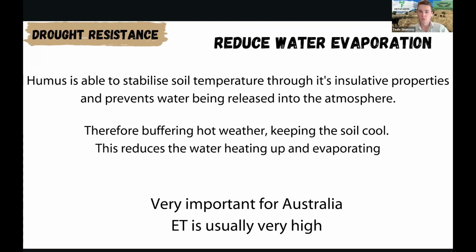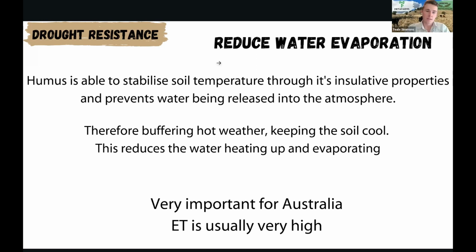So this reduces water heating up and evaporating. This is very important for Australia, where our ET, which is evaporation, is very high. We have very high amounts of evaporation in our soil in Australia, and so it's very important that we increase our humus so we can conserve as much water as possible.